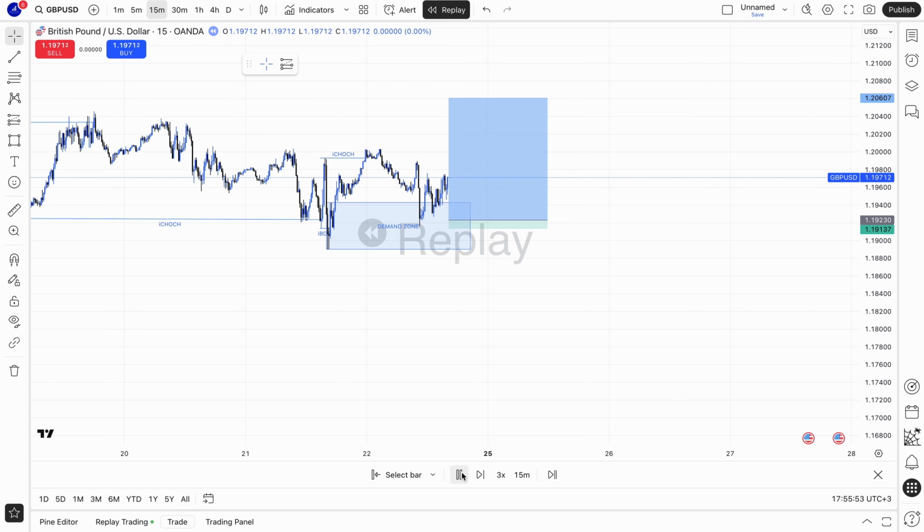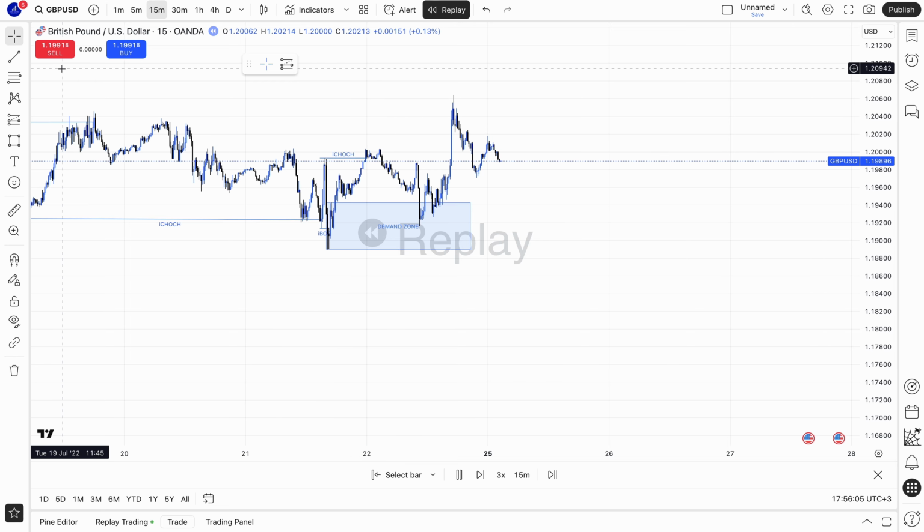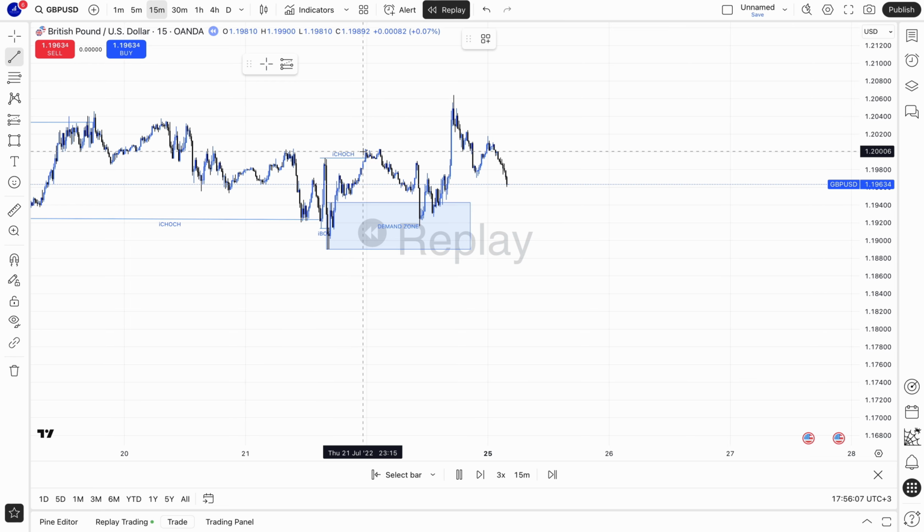Tight stop loss, and it just goes up. It will happen to you most of the time. Just the price going up without you and going down still without you. It's normal. It's normal in the market.